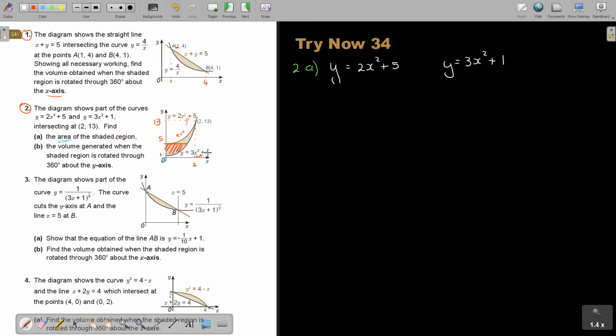So it's just this one. And then I'm going to work between 13 and 5, but now it is this function, which is the exterior function, minus, now this one will be the interior, and it will be between 13 and 5.